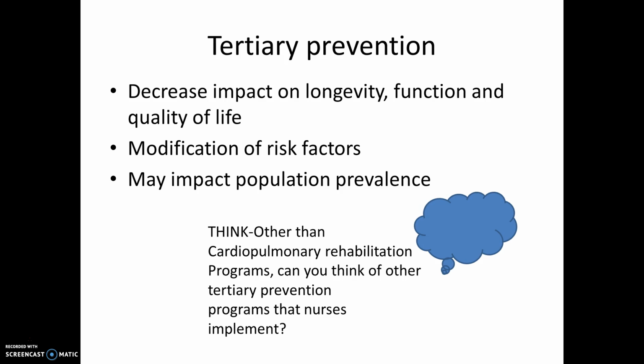Smoking cessation becomes important. And it may also have a direct positive impact on the overall population prevalence of issues if successful. So other than cardiac rehab programs, can you think of any other tertiary prevention programs that nurses implement?